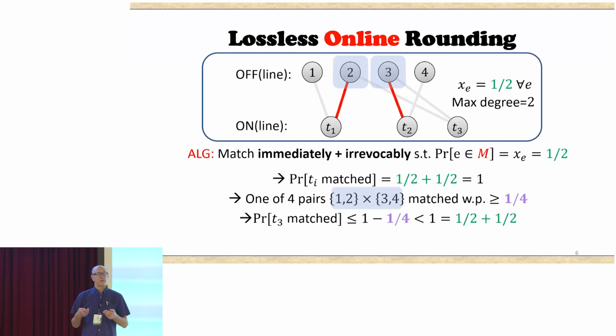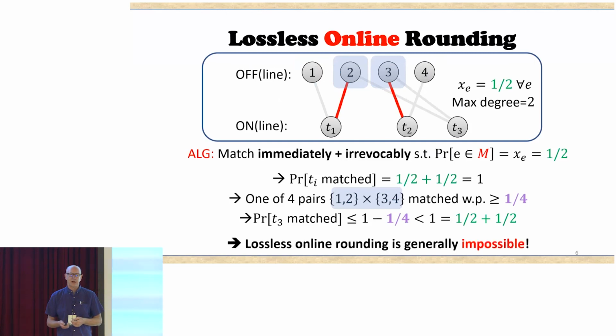randomly, while fractionally we can give the value of 1/2 to each of the 2 edges that are adjacent to T3. So this example shows that in general, lossless rounding is impossible.